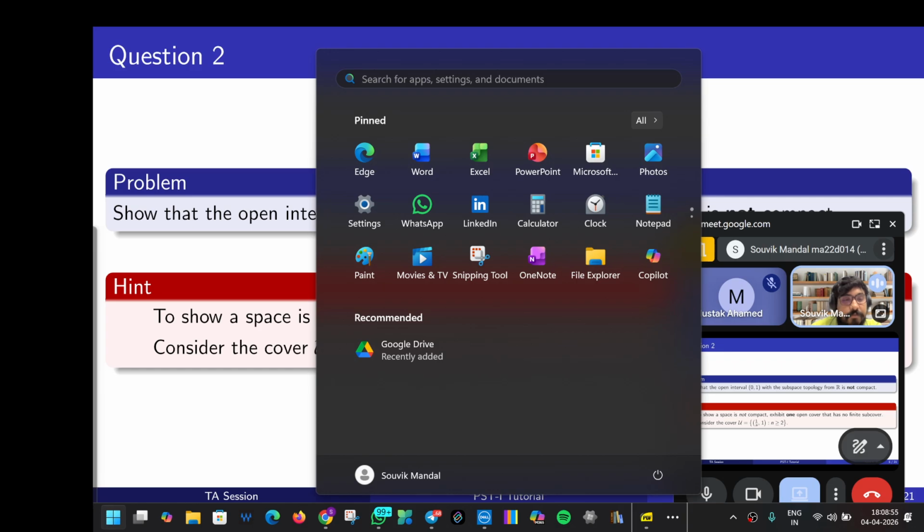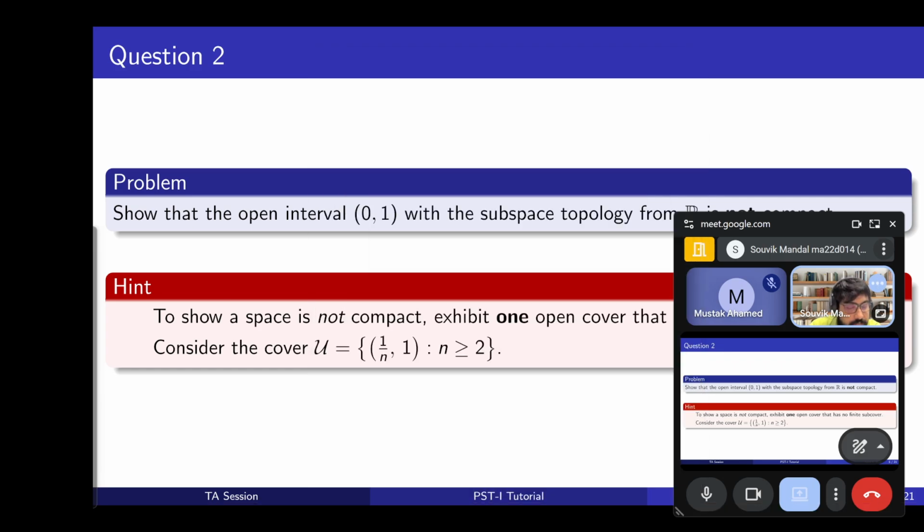Pustak, are you able to figure it out? Any guess or any idea?